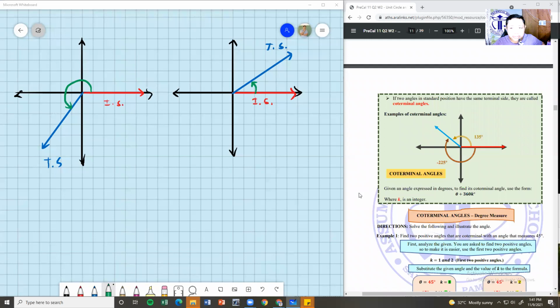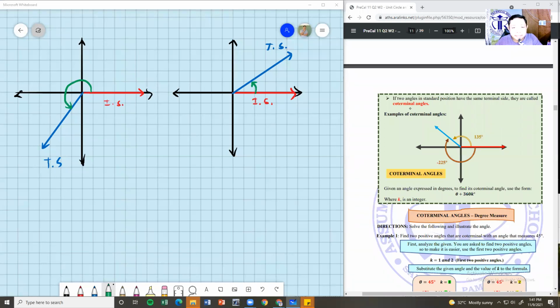Now, let's have the coterminal angles. When we say coterminal angles, these are angles that have the same terminal side. So if two angles in standard position have the same terminal side, they are called coterminal angles. Let's look at this.